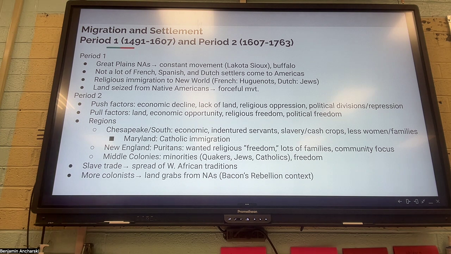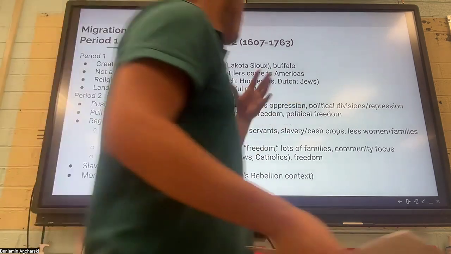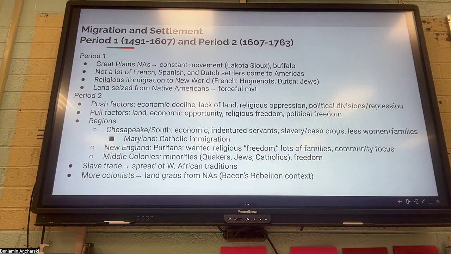And so, at the same time, up in the middle colonies, we saw a lot of those religious minorities. As we covered in Pennsylvania, if you were a minority, especially in places like Germany, you could come here and there was a fair amount of religious tolerance, at least early on.